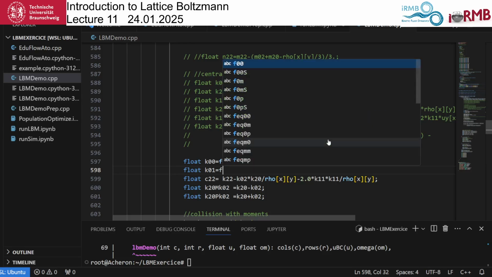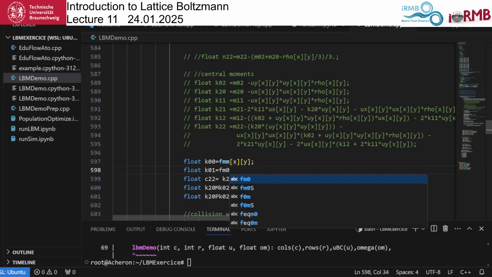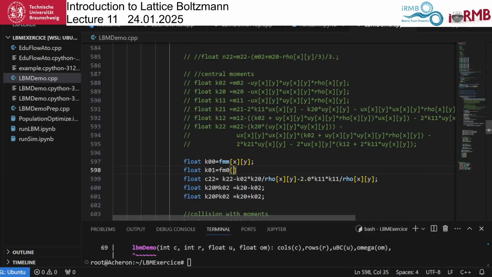So K01 is Fm, and now 0, Martin Schöner always says 1 is 0. Unfortunately, because we go one step on. X and y. Okay? So now what we are going to do, we have to do this 9 times.